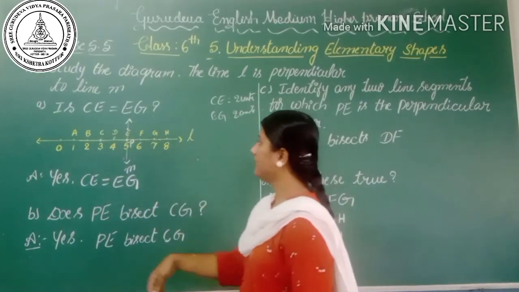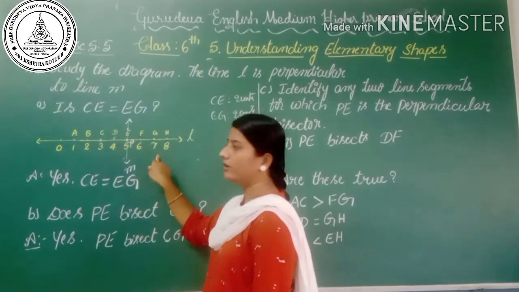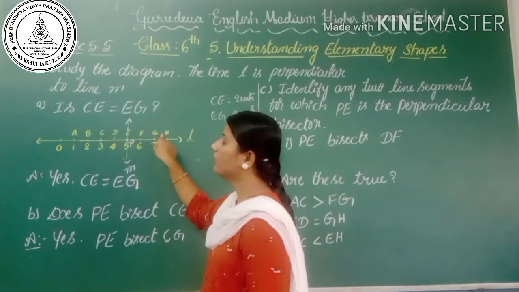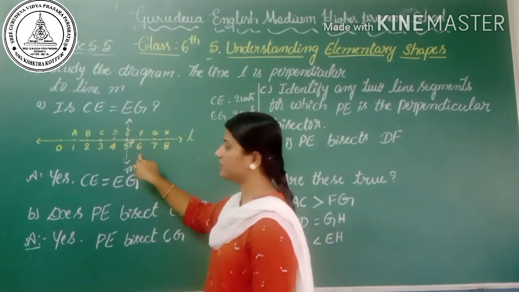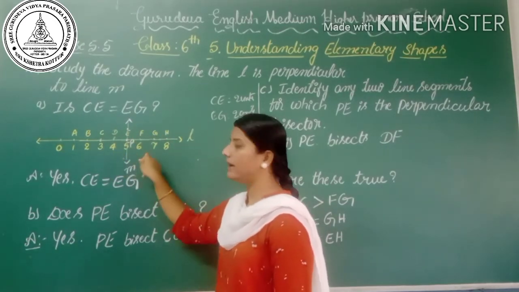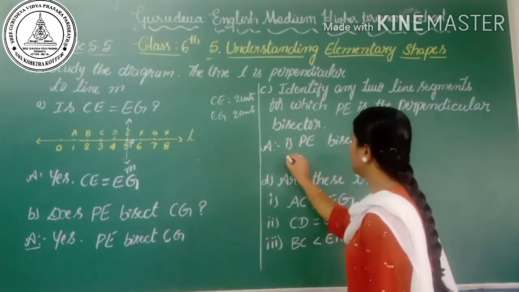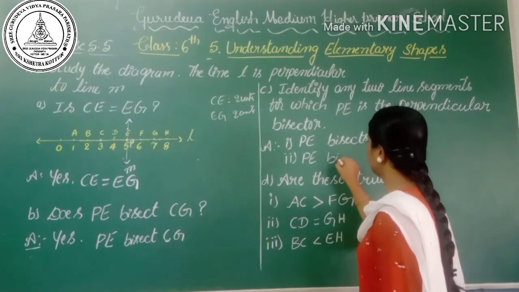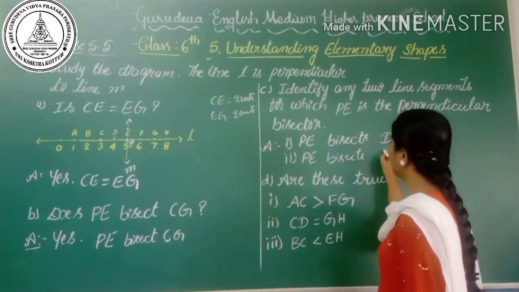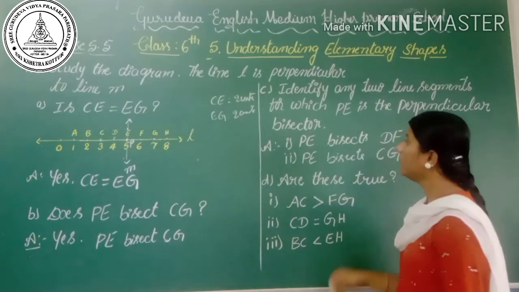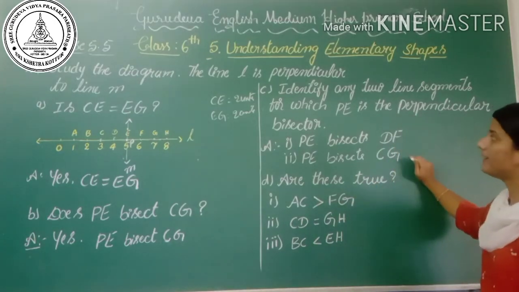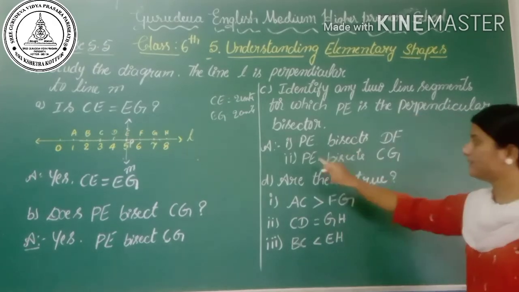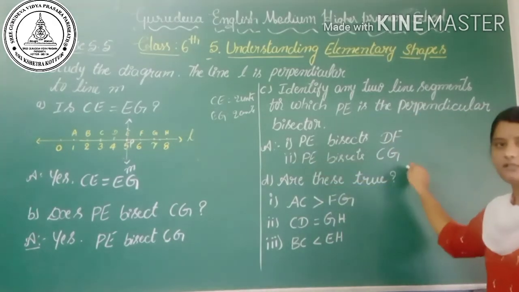The distance between C and G is 4 units, and the perpendicular bisector PE divides it into two equal parts. Hence the second pair, PE bisects CG. So PE is the perpendicular bisector for DF and CG.